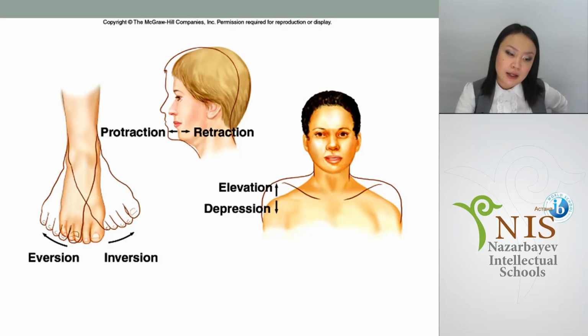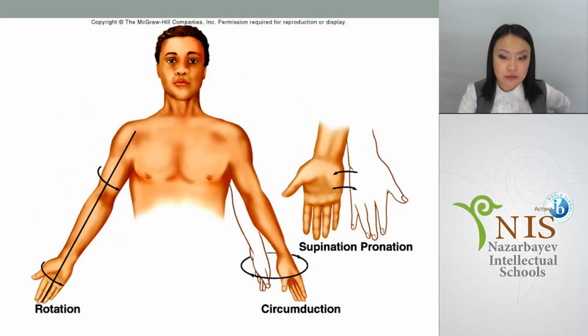For example, if you look at your leg, you could move it in eversion and inversion, elevation, depression, protraction and retraction. For example, rotation, you could move your arm in rotation, and circumduction.